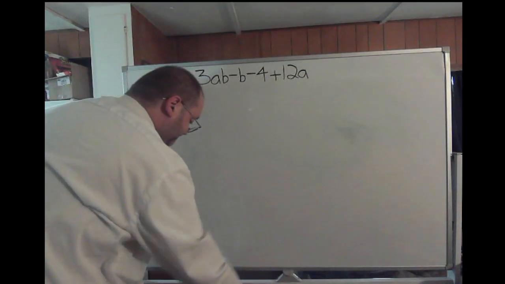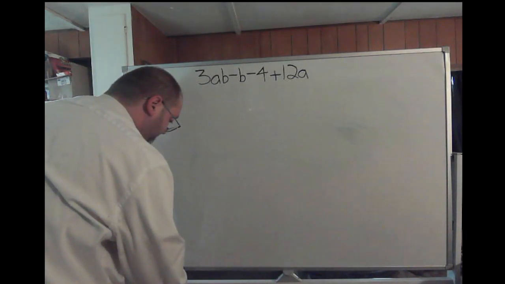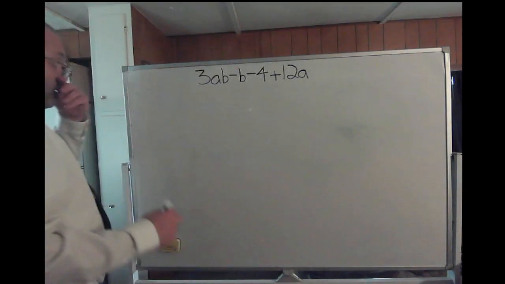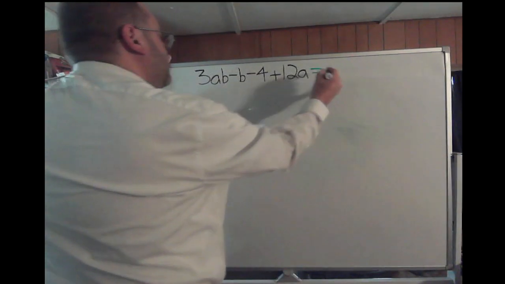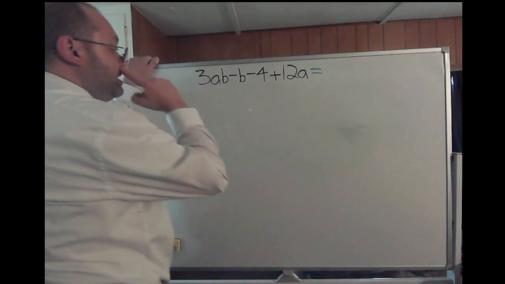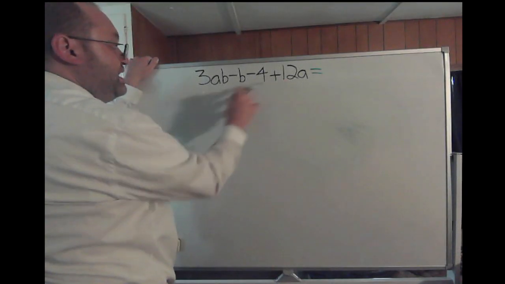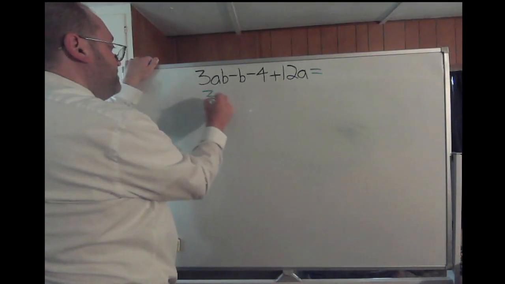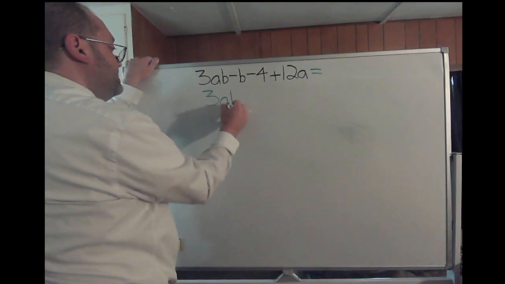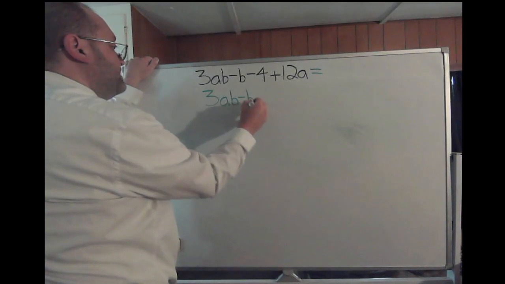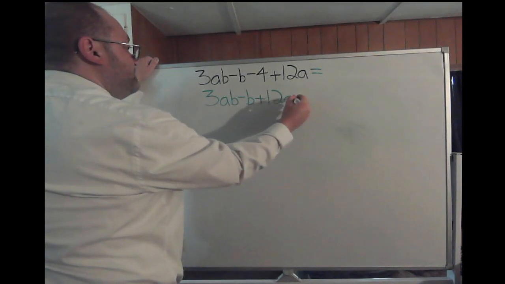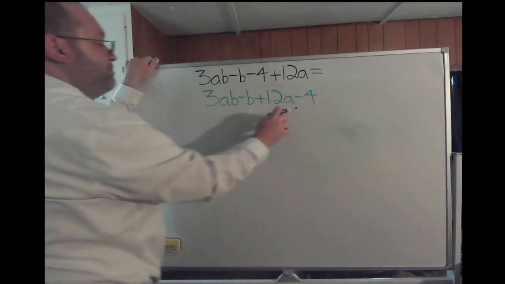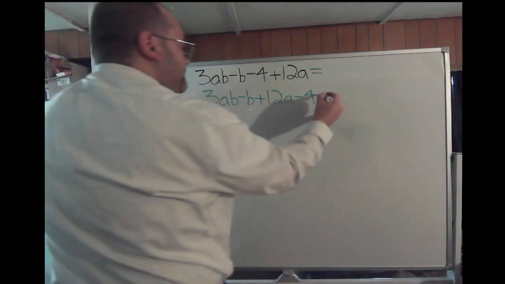So if you want, what you can do is switch the 12a and negative 4 around by the commutative property. So let's go ahead and do that. You'll get 3ab minus b plus 12a minus 4 if we use the commutative property and switch those last two terms around.